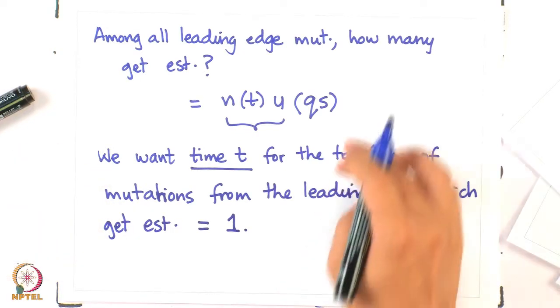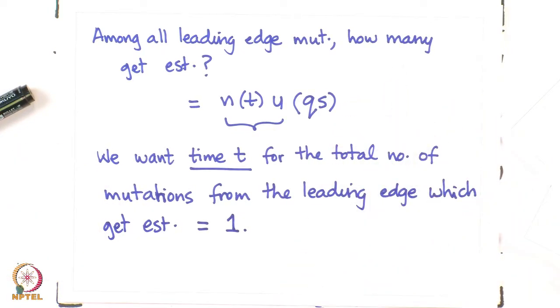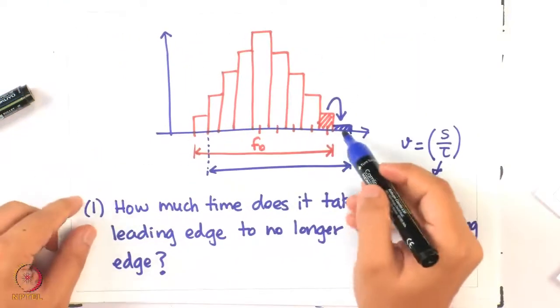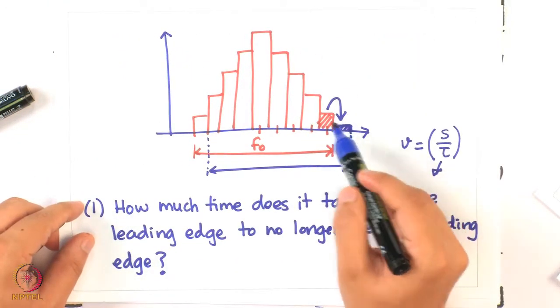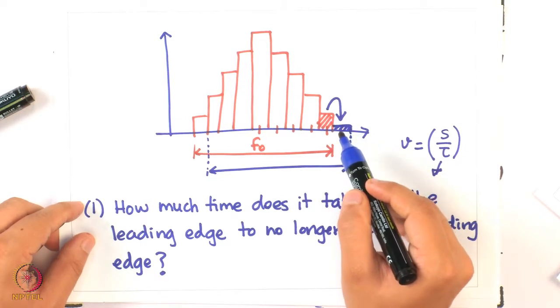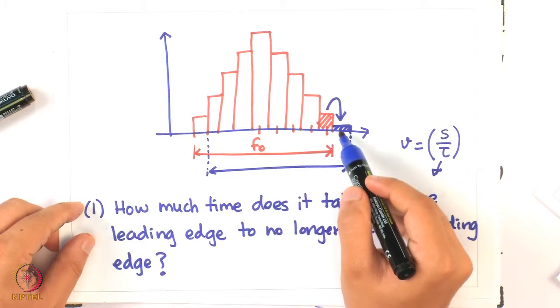We are interested in solving this equation for the time such that the total number of mutations that get established is equal to 1. And that is so because if the total number of mutations which have established from the leading edge is equal to 1, that means there is a beneficial mutation which happened from the leading edge and that mutation has gotten established.